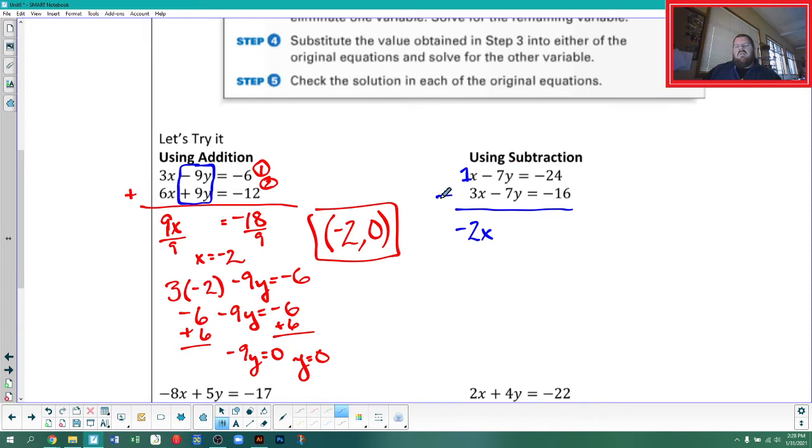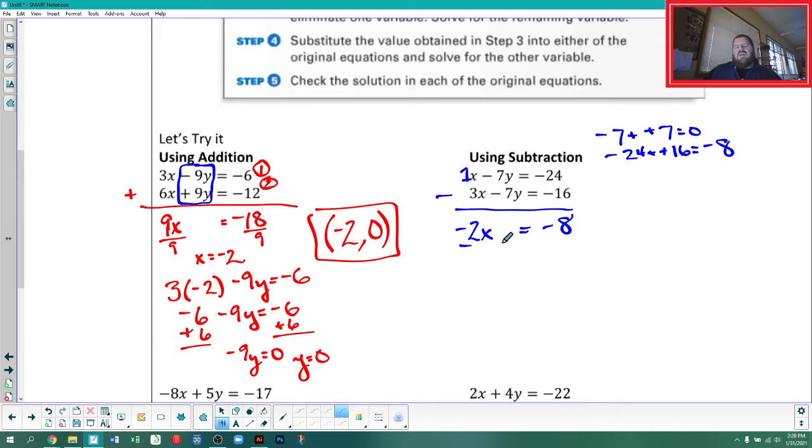Negative 7 minus negative 7 turns into plus a positive 7, and that's my 0. So those ones do cancel out. And now finally that's going to equal negative 24 minus a negative 16. So that's really turning that into addition, and that would be a negative 8.